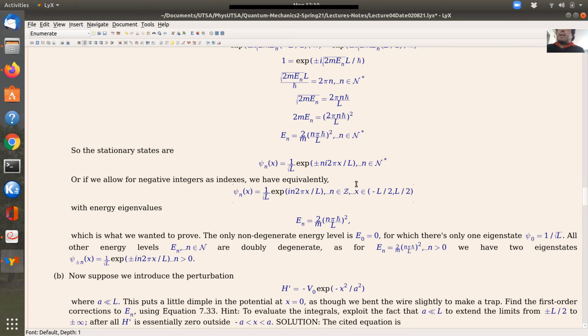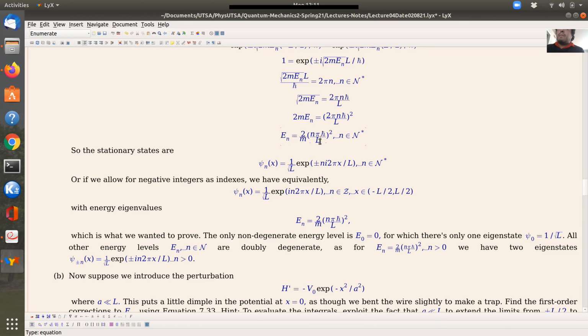Of course, in this notation and also in this one, the plus and minus n have the same energy because you're squaring the n, right? So it doesn't change it, neither on this one nor on this one. So for a given n, let's stick to this notation, the eigenvalue will be 2 over m, n pi h bar over L, squared. Again, we have possibly negative n's, but you're squaring it, so it doesn't make a change.